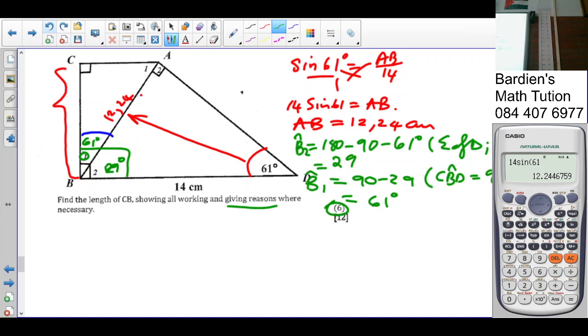Right? Now what do we say? CB is what relative to the angle? The adjacent side. And this here is the hypotenuse. Which trigonometric function is that? That one is cos. Cos 61 degrees equals adjacent, which is CB, over 12,24.